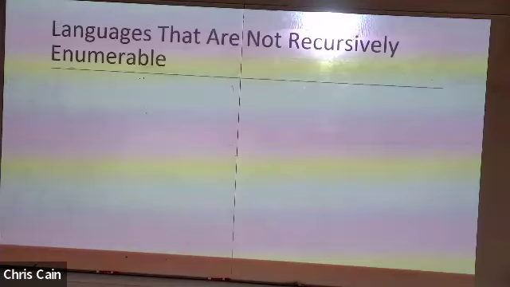But now let's also consider, are there languages that are not recursively enumerable? Is it uncountable stuff? Yes, anything that is not countable is not recursively enumerable. We determined that something like the real numbers between 0 and 1 was an example of something that was not countable.